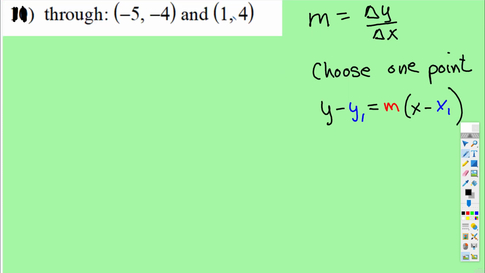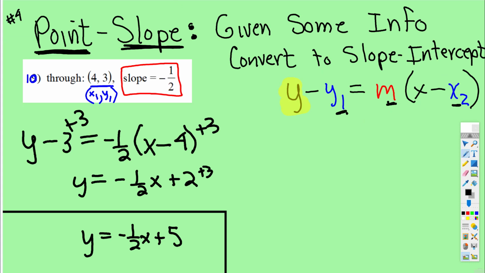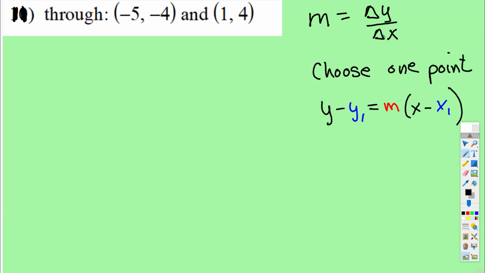If you're given 2 points, not a point and slope, you're going to have to find the slope first. So 4 subtract -4, so y2 subtract y1. Subtract a negative is the same as adding a positive. That gives us 8.